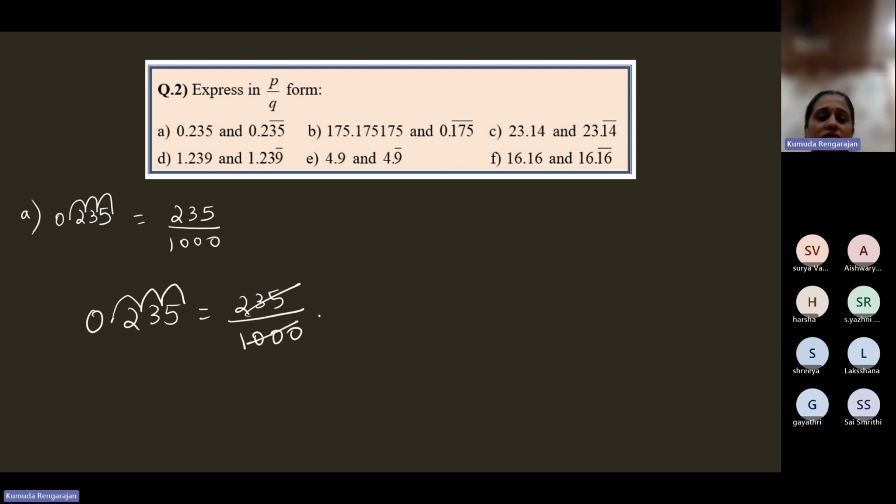And then simplify and write it in its lowest terms. That's how you write a terminating decimal in the P by Q form, and this is familiar to us.